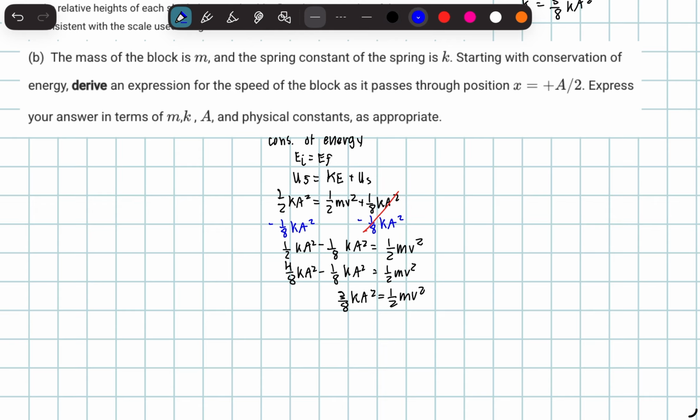Now multiplying by 2, we have 3/4, because 2 times 3 is 6, and 6/8 is 3/4.